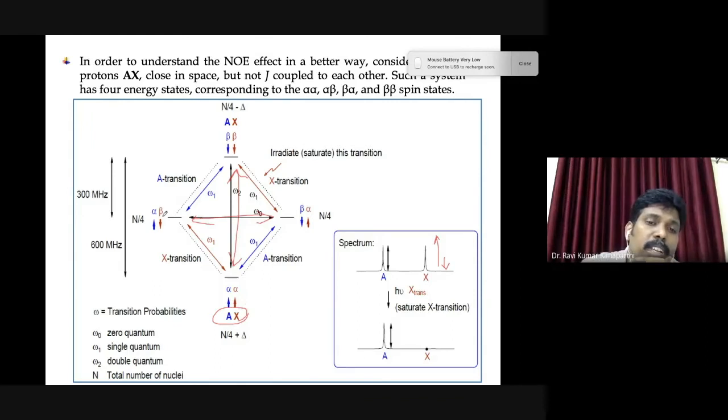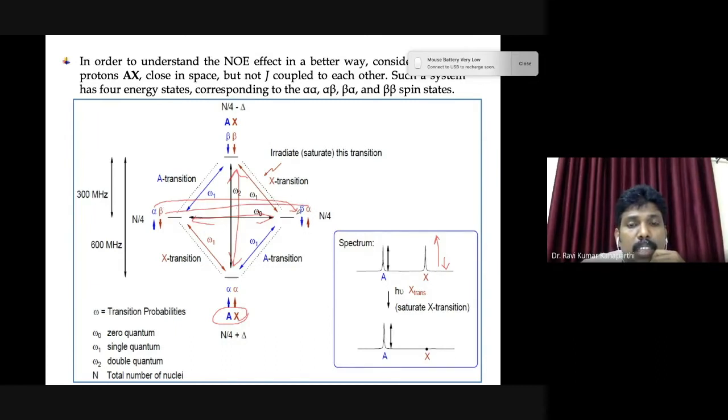Now, if the interaction is taking place alpha beta to beta alpha, we call it a zero quantum transition. So what is happening exactly? Suppose this is the transition we are talking about. Alpha is going to beta, and beta is going to alpha.